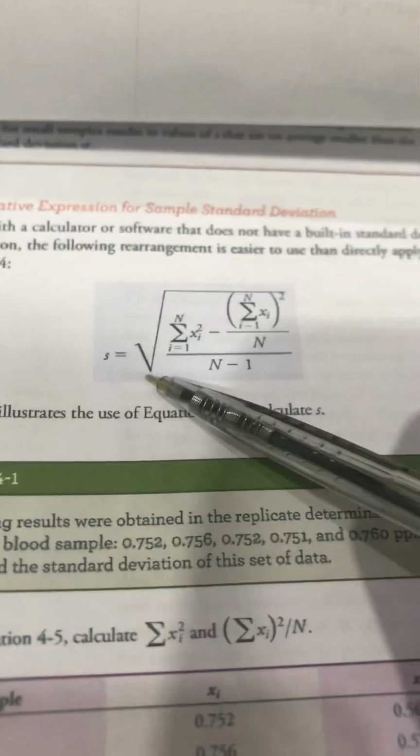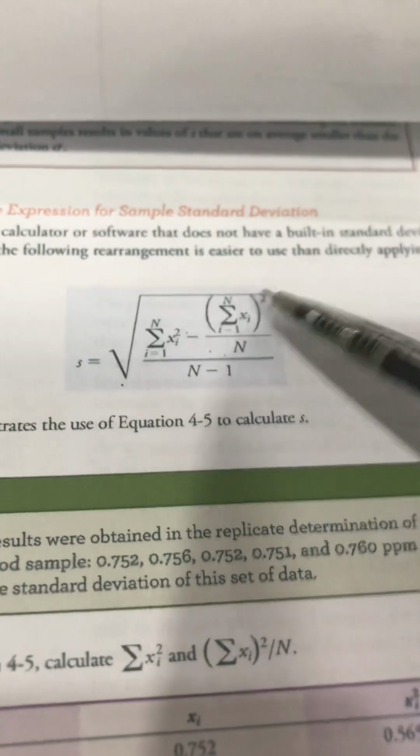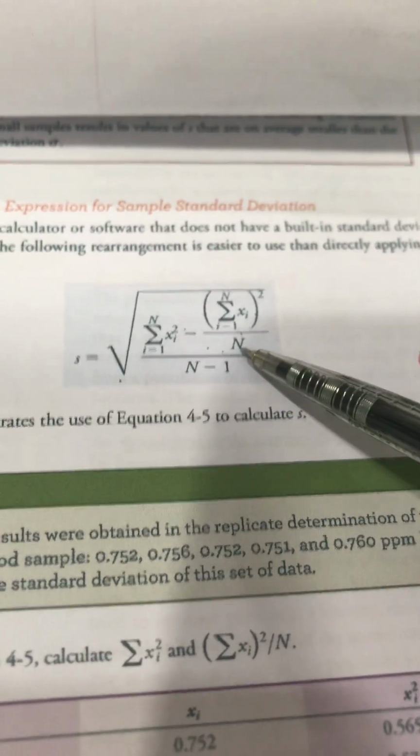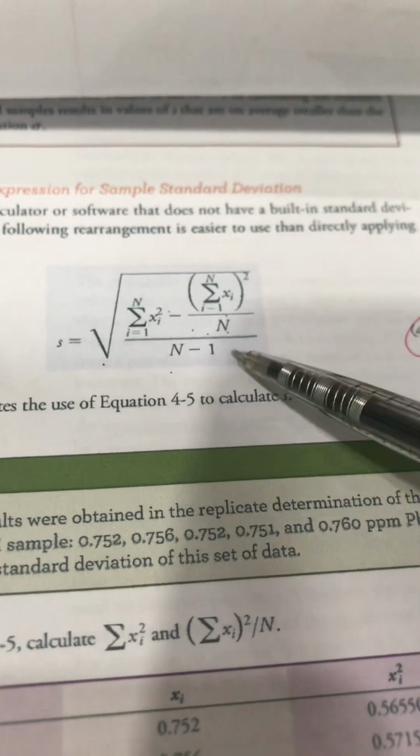So we need to substitute here, because our sample standard deviation formula is the square root of the summation of data squared minus the summation of our data, squared, divided by our population, and overall divided by our population minus 1. So let's substitute.